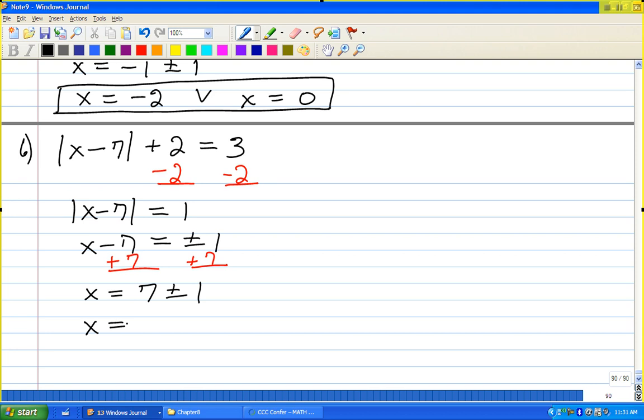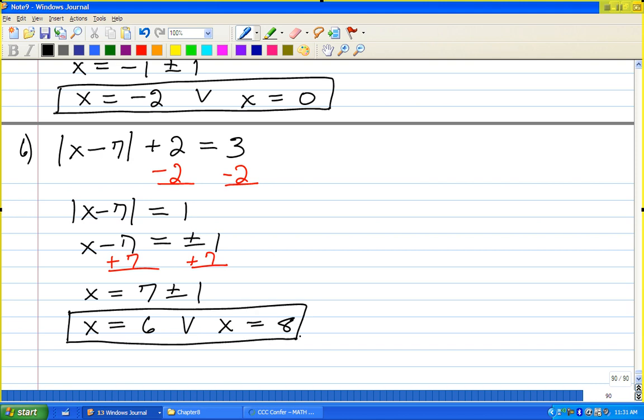Let's simplify this. 7 minus 1 is 6. 7 plus 1 is 8. And so x is equal to 6 or x is equal to 8.